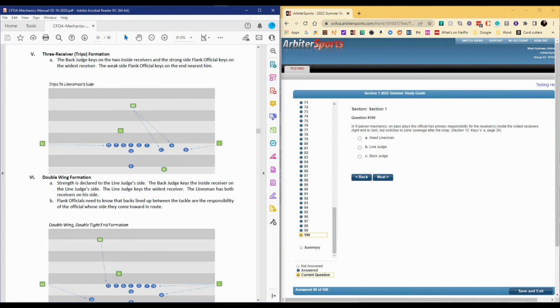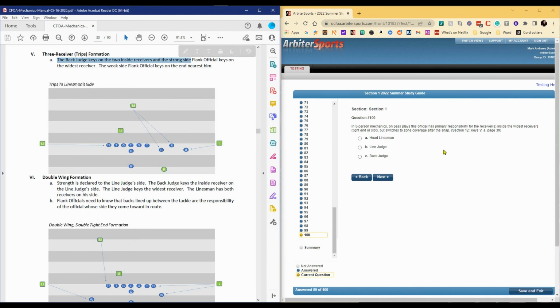Question 100. Yay, we're done. In five-person mechanics on pass plays, this official has primary responsibility for the receivers inside the widest receivers, tight end or slot, but switches to zone coverage after the snap. And that's kind of on page 30. It says the back judge keys on the two inside receivers, and this is in trips formation.